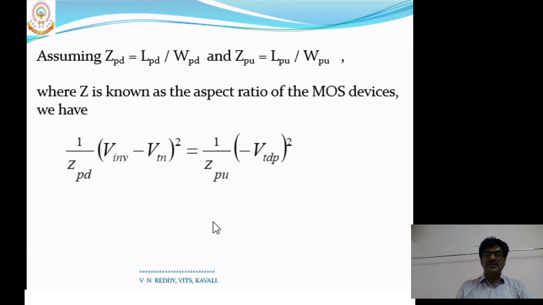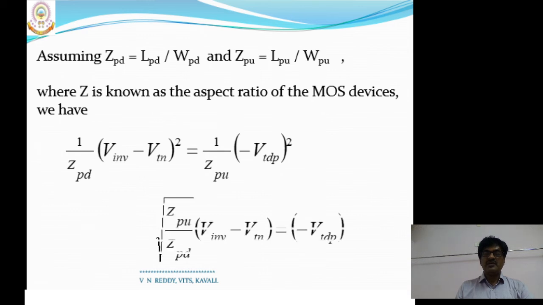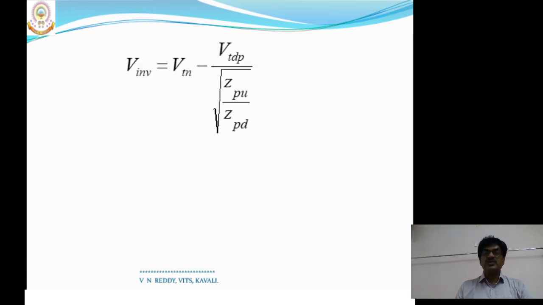Therefore, substituting the Z values and rearranging this equation, we get square root of ZPU by ZPD times (inverter threshold voltage minus VTN) equals minus VTDP. Finally, we need to derive the inverter threshold voltage. Inverter threshold voltage equals VTN minus VTDP divided by square root of ZPU by ZPD. The equation comes like this after different rearrangements.